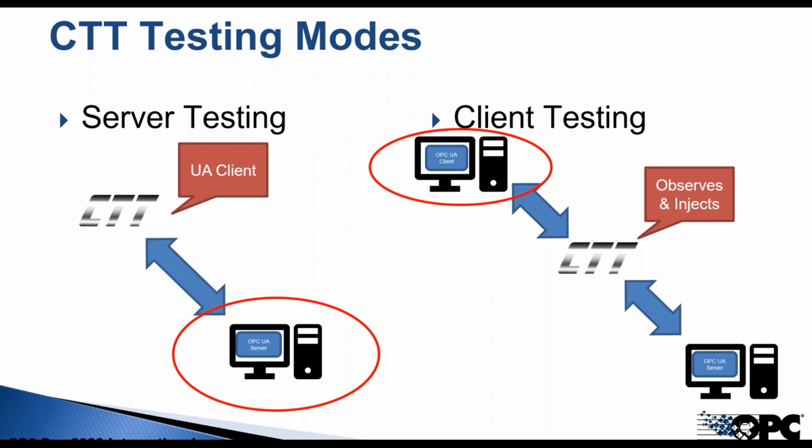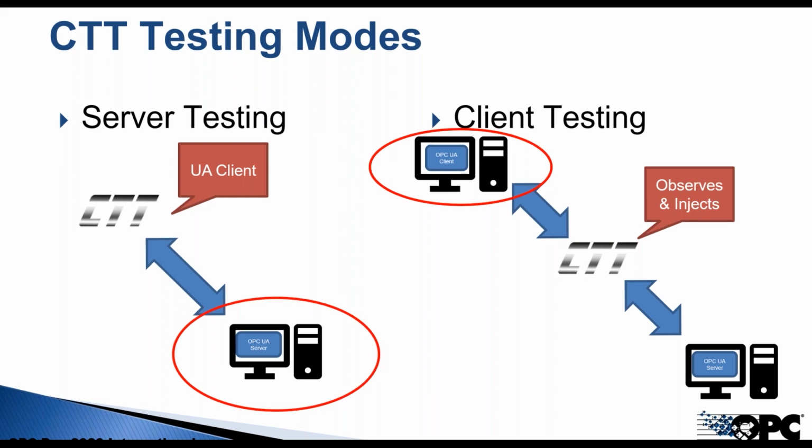That is a script-based client which is sending valid and invalid requests to the server and ensuring that the server is behaving according to the specification. Now, the beauty with that is because there's nothing in between, we can automate a whole lot of those test cases that are defined for it. So the CTT runs more than 1,000 test scripts just for validating a UA server, and there are always more added.